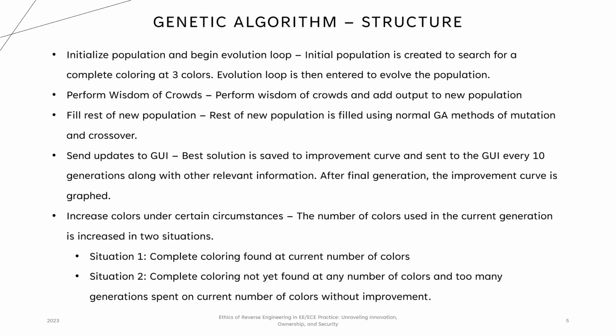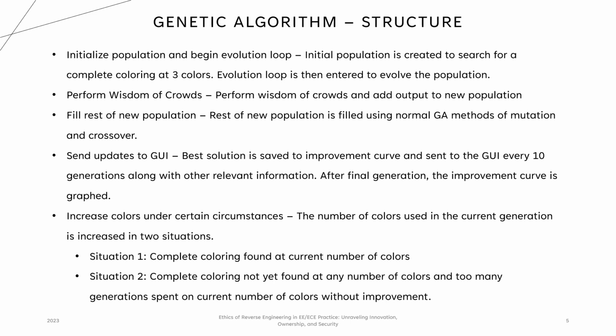So now that I've talked a little bit about how the different pieces of the genetic algorithm are set up, I want to talk a little bit about how the overall structure of the evolution of the population is set up. So first, the initial population is created, and it searches for a complete coloring at 3 colors, and then the evolution loop is entered after that population is initialized.